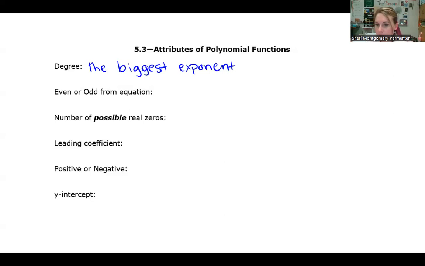We could have a term like 3x squared. If you want to write that off to the side, we'll have enough room to write everything else down. I just want to identify the pieces here. The little tiny 2 is called an exponent.